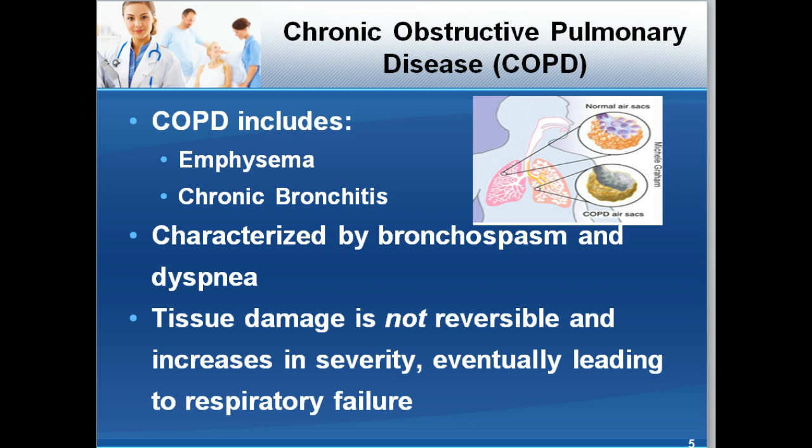I also want you to know that these are not reversible in nature, so they increase in severity. When you meet somebody with COPD, it generally increases in severity. They usually get worse as time goes on, and it eventually leads to respiratory failure.